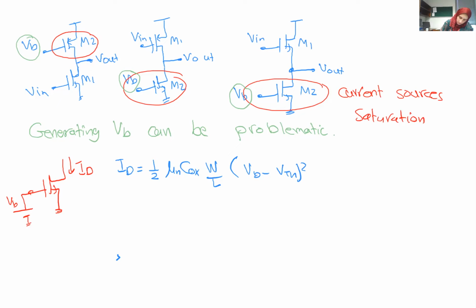So we have V threshold varying with temperature, even if we assume that VB is quite fixed. However, even this is not a very good assumption, because devices operated by batteries, such as the cell phone, in the beginning, when the battery is full, you have a certain voltage, let's say 3 volts.